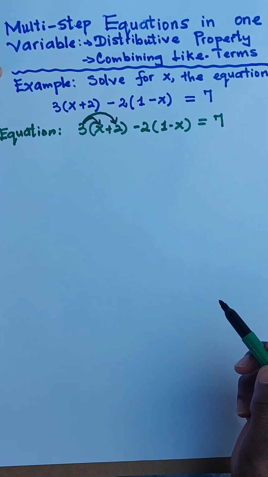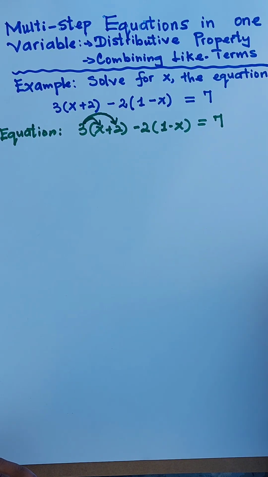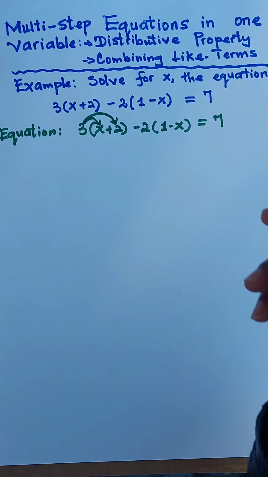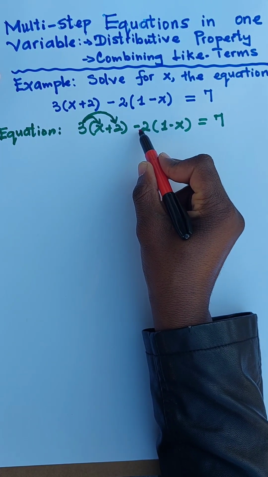that positive 2. Now when you are doing distributive property, you need to pay attention to the signs of the numbers. As we see in this second parenthesis, there is no minus sign idling here that will be left alone.